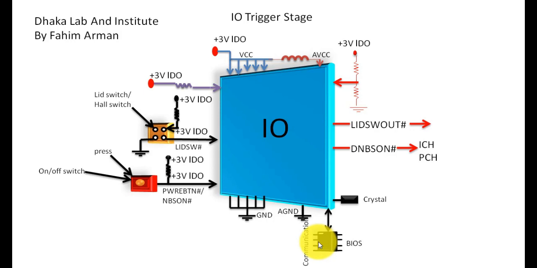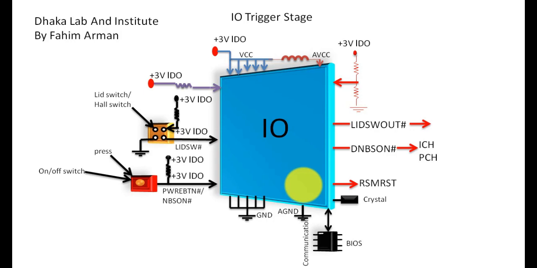and after that IO will communicate with BIOS, and communication with BIOS is very important because after communication IO will give its final voltage, and we can see that after communication with BIOS, IO will create RSM RST.